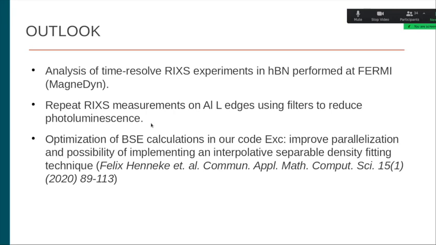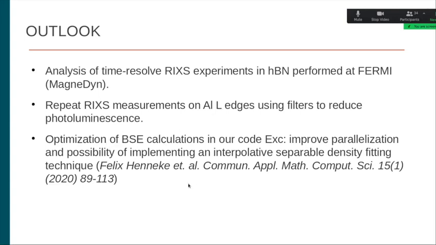Something I forgot to mention is that we have already performed measurements on aluminum at the L edges, but they weren't very successful since we observed mostly photoluminescence. Sometimes we can calculate the spectrum, but in the experiment you have a lot of other variables to consider. So we should repeat these measurements using some filter to see if we can reduce this, and actually see the RIXS at the L2-3 and the L1 edge.